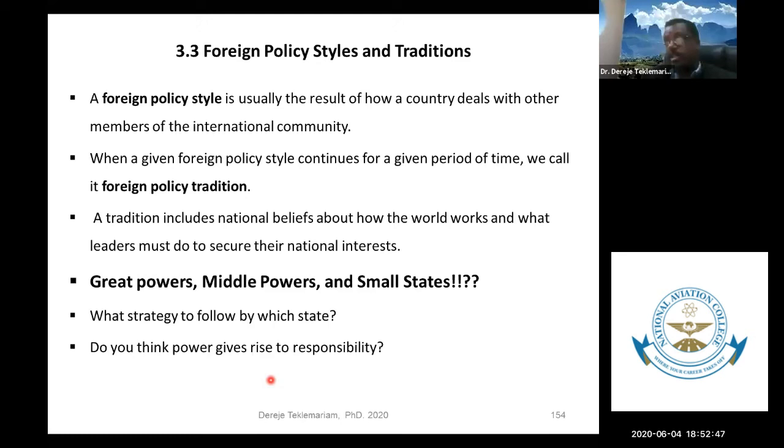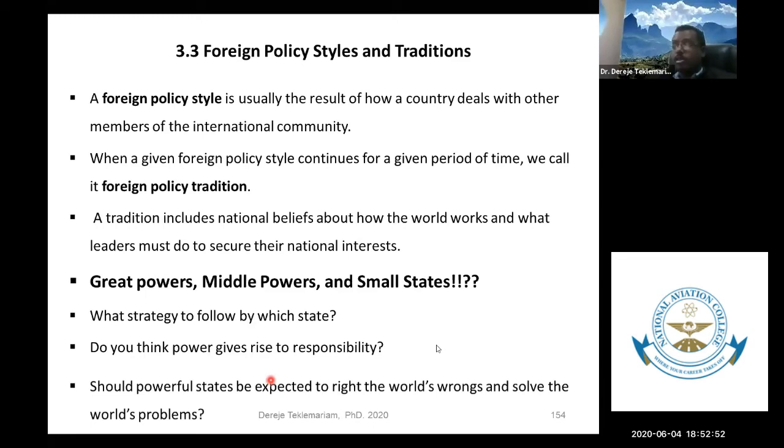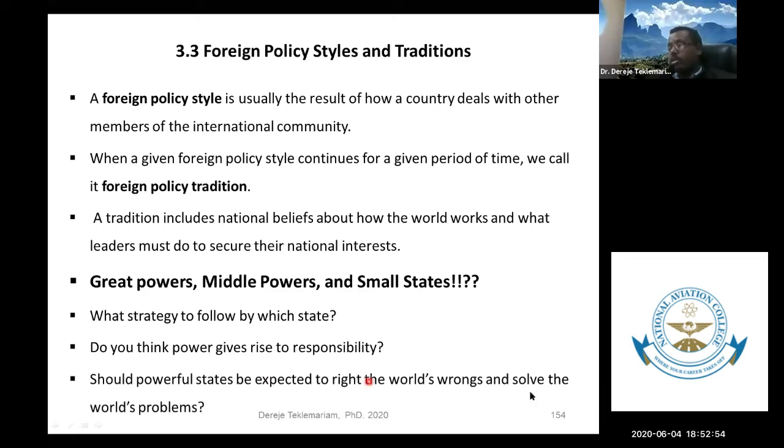Do you think power gives rise to responsibility? I doubt that. Should powerful states be expected to right the world's wrongs? For example, do you expect that powerful countries have the right and the interest to fix the wrong things in the world, and do you also expect these countries to solve the world's problems?